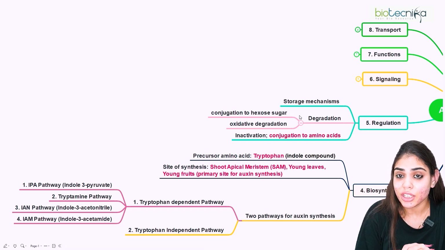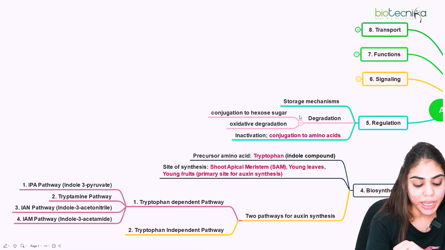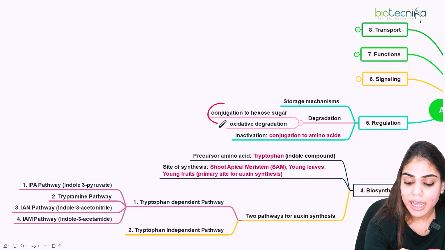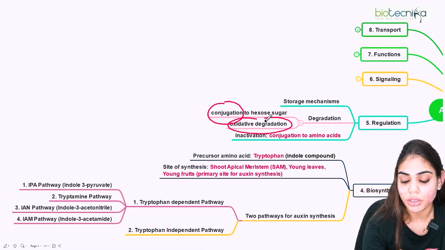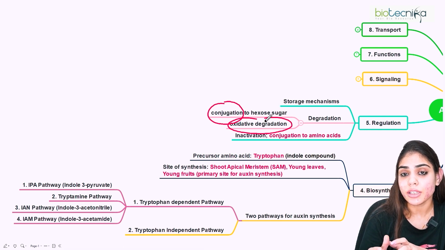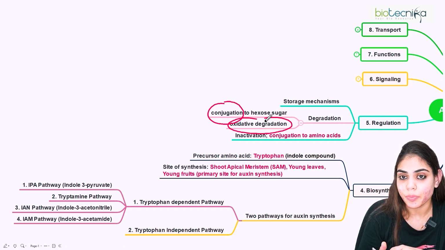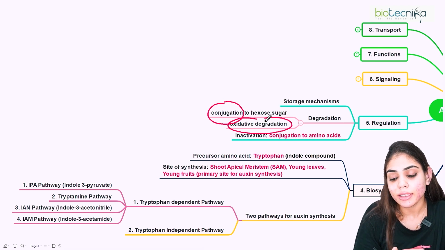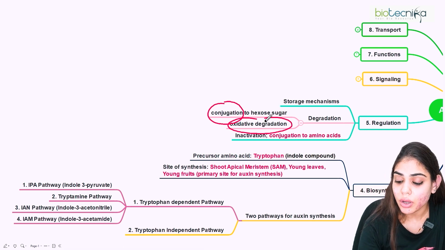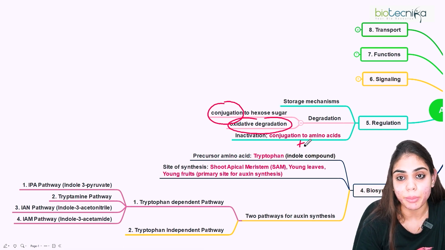So under degradation, that is catabolism, we have two major pathways: conjugation as well as oxidative degradation. Conjugation with hexose sugar causes the auxin to be degraded in the plant cell and made inactive, whereas oxidative degradation causes the permanent removal of auxin from the plant cell. And the third is the inactivation pathway, where this auxin is conjugated to some other type of amino acid.